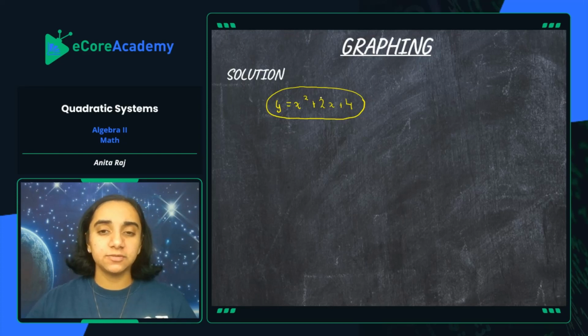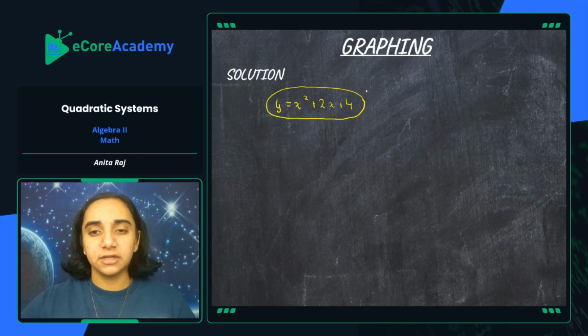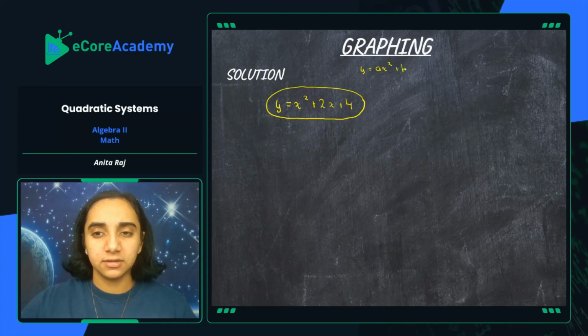To find the vertex, we have to look at what we've been given, and this here is in standard form. Remember, standard form is y equals ax squared plus bx plus c. And vertex form is y equals a times (x minus h) quantity squared plus k, and remember that (h, k) represents the vertex.